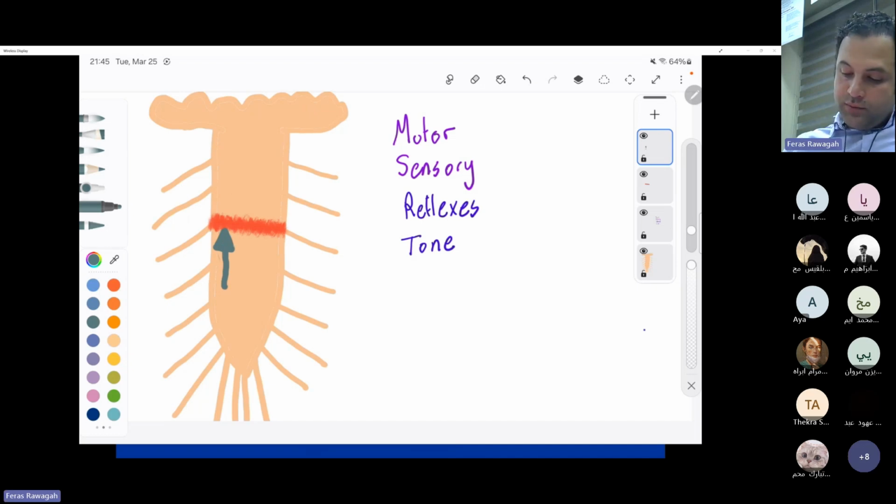So it will be stopped here because this level is injured. So the sensory function will be lost in this part of the spinal cord. What will happen with the motor function? The descending fibers going to this part of the spinal cord below the level of injury will stop at this level. So the motor function also will be lost.